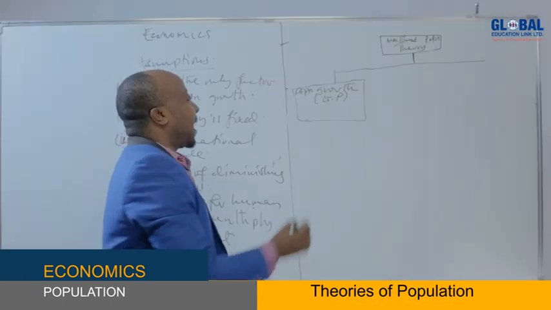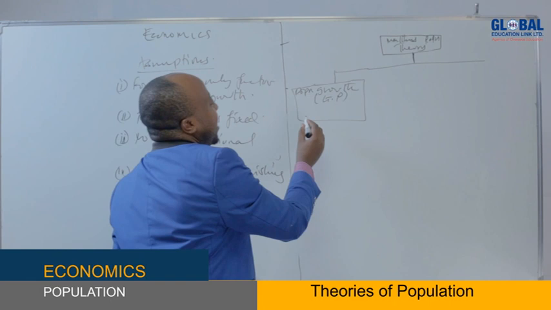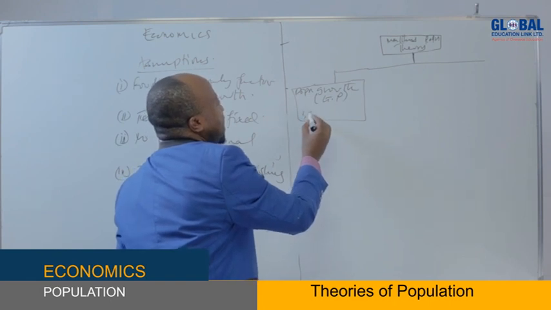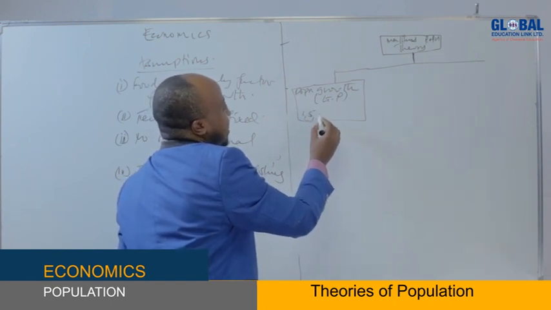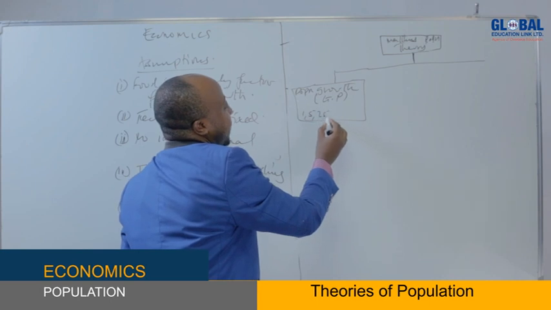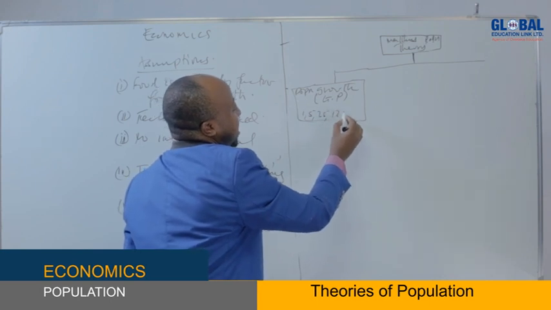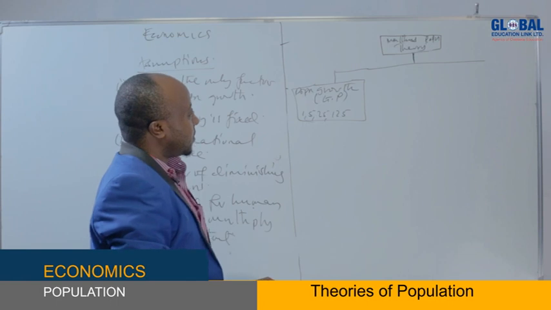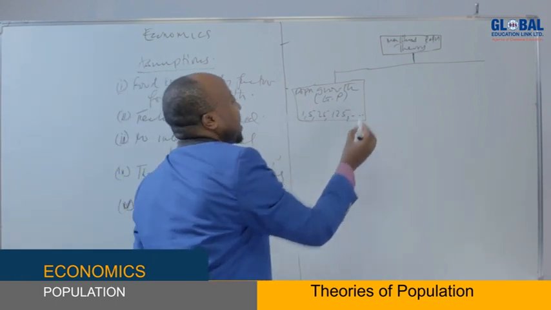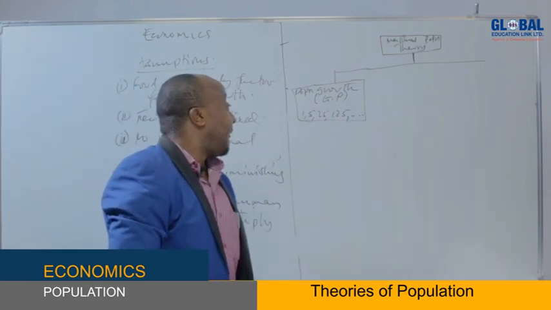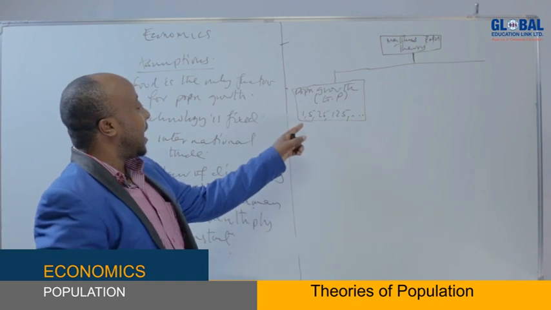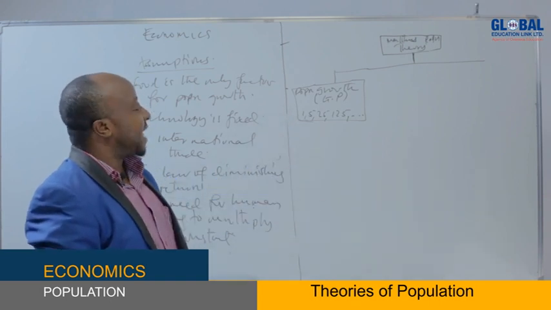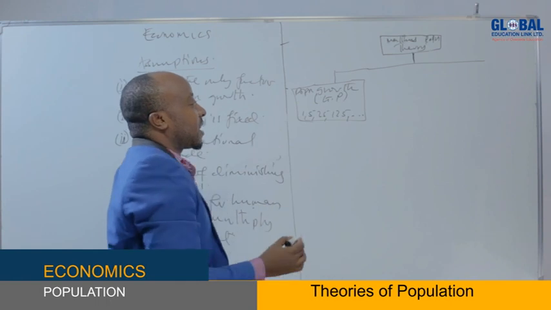And we gave an example, I can give another example here. Maybe if it is 1, it is 5, it is 25, it is 125, etc. That means the common ratio here is 5. So for that case, this is population growth.